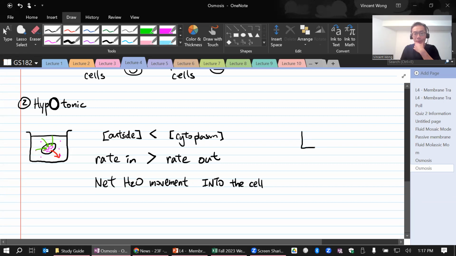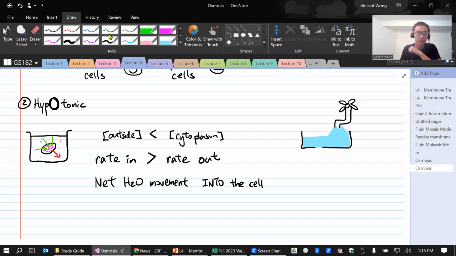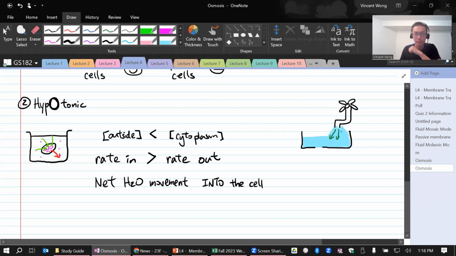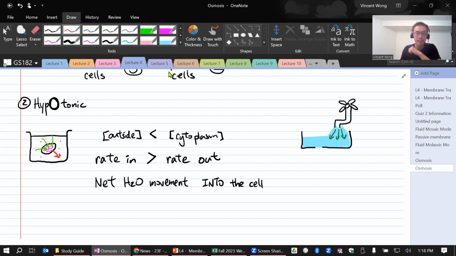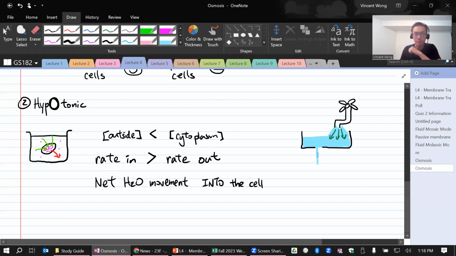Let's draw our basin again with the hole in the bottom. This time, we're going to turn on the tap all the way. So it's really coming down, but it's the same hole as before, so it's still leaking the same.